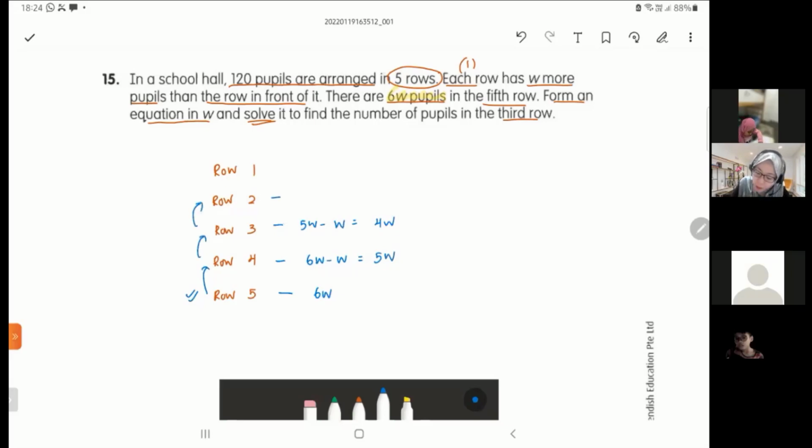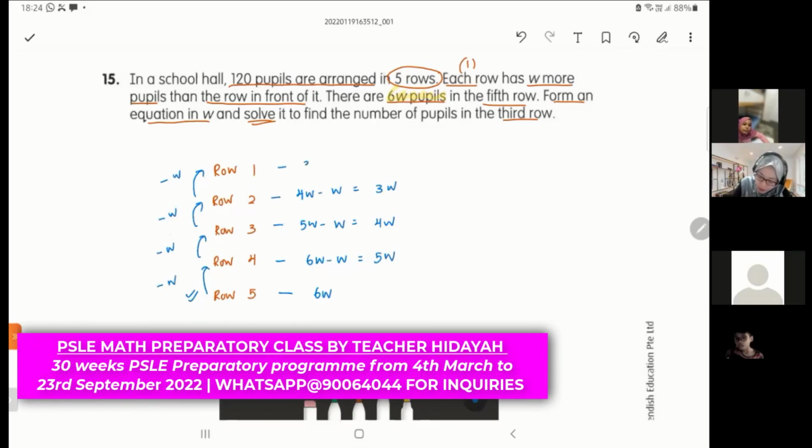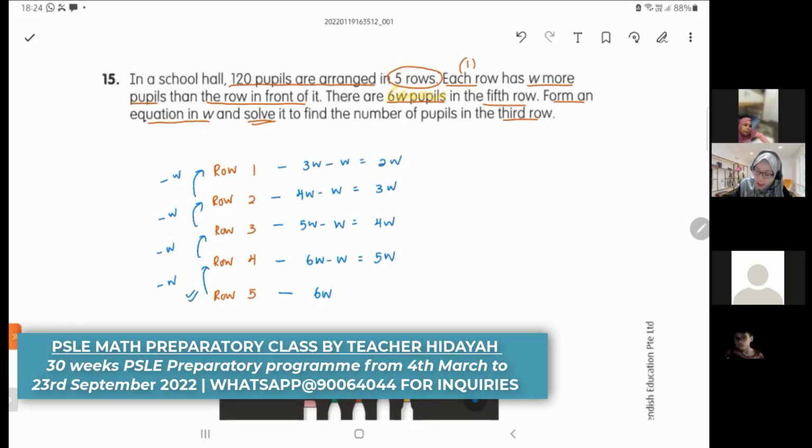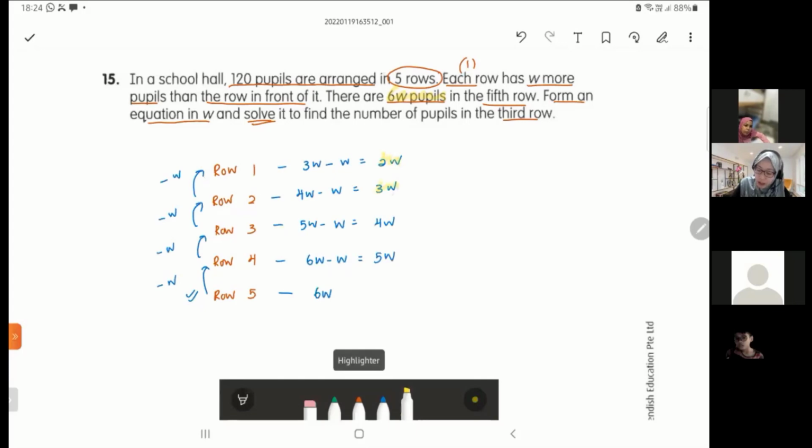When they say each row has W more, when I go opposite, I must take away W. Every time going backwards is doing the opposite. So here will be 4W minus W, it is 3W. Here will be 3W minus W, which is 2W. So right now it is 2W, 3W, 4W, 5W, 6W.